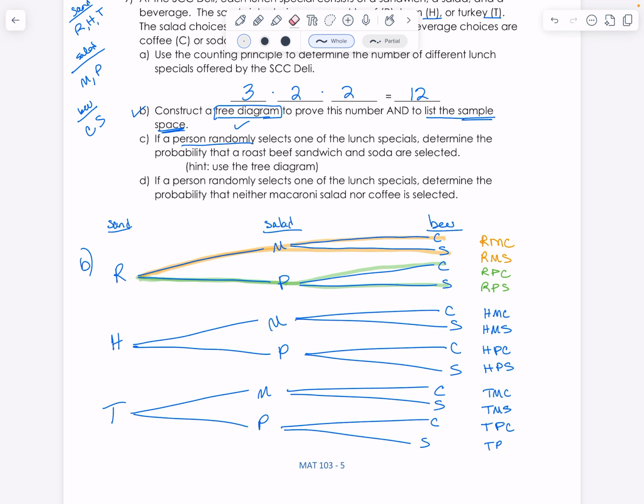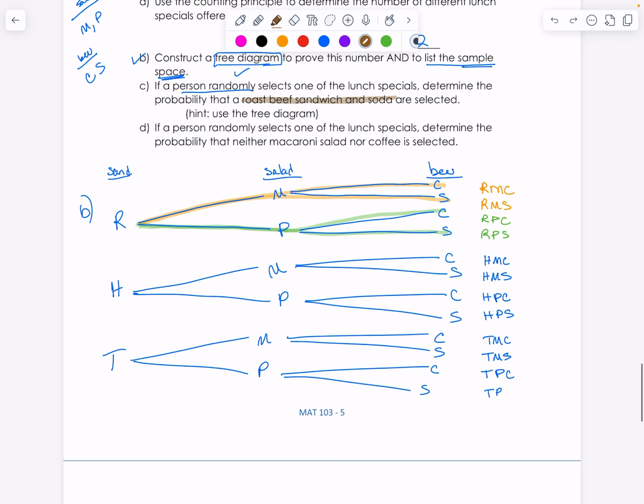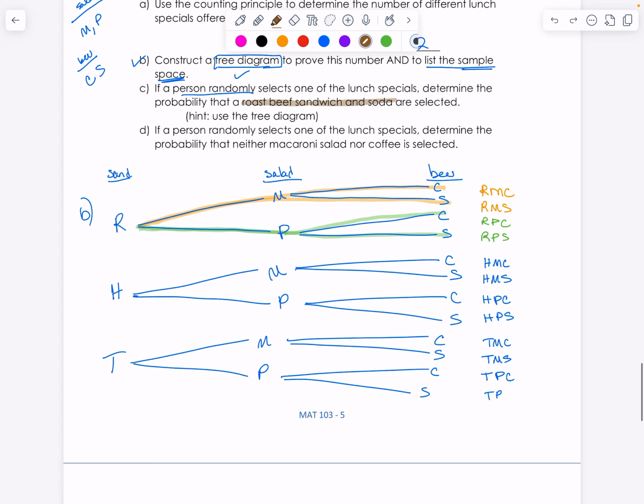Roast beef and soda. All right. So it doesn't do me any good to go down here to the ham and the turkey because they said I need roast beef. Here's roast beef. That one's coffee, so that doesn't work. That one is roast beef and soda. And that one is roast beef and soda.